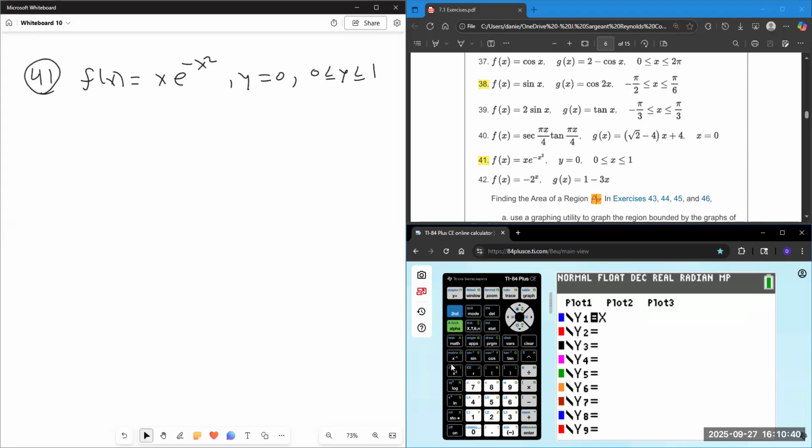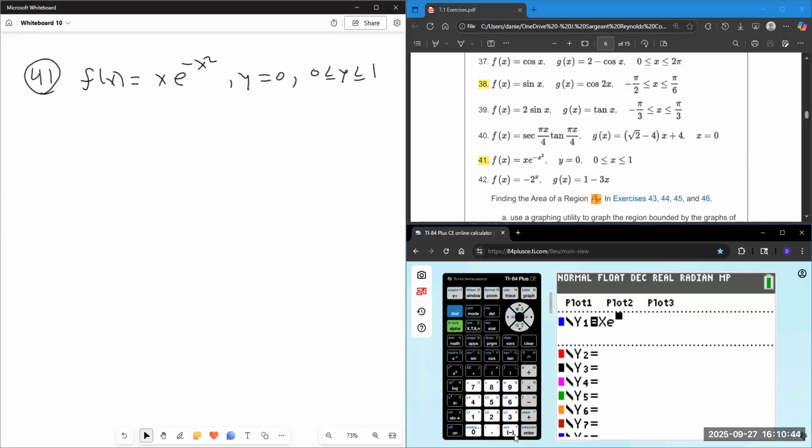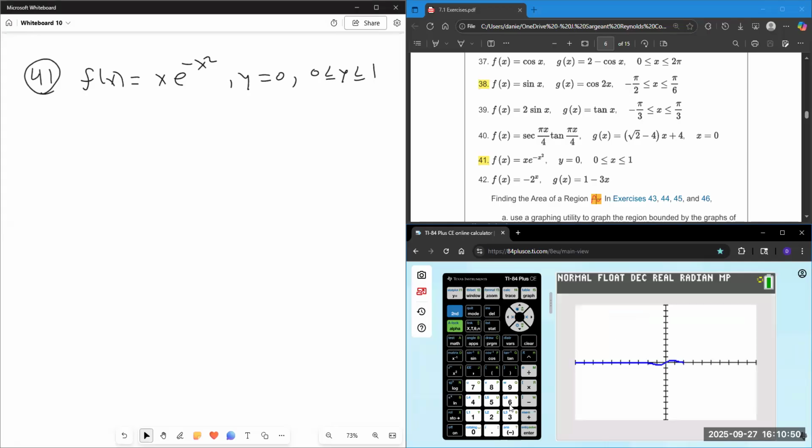x times e to the negative x squared, zoom 6. So we want to look at that from 0 to 1 on x. This is x.